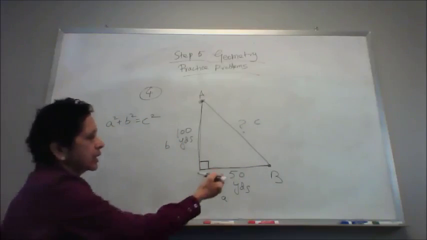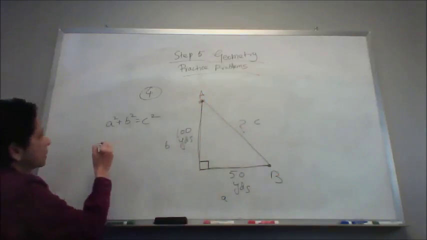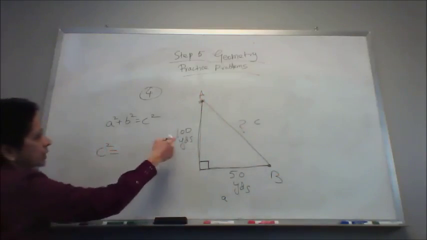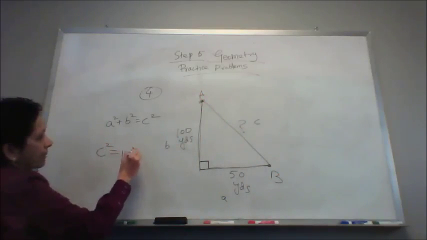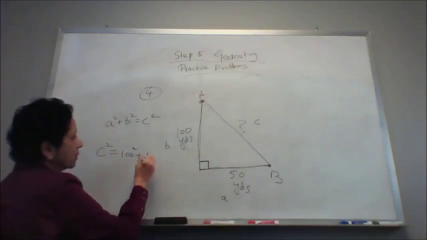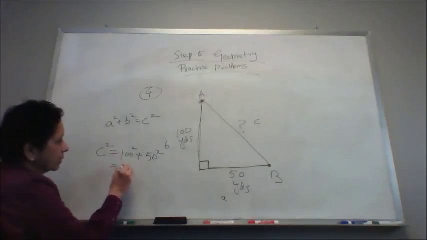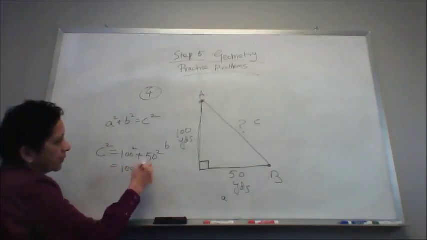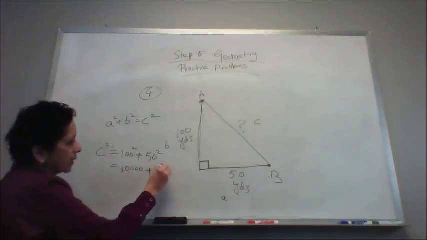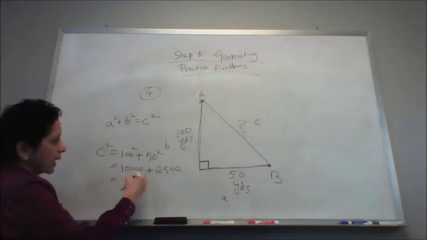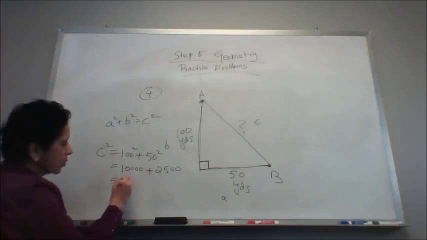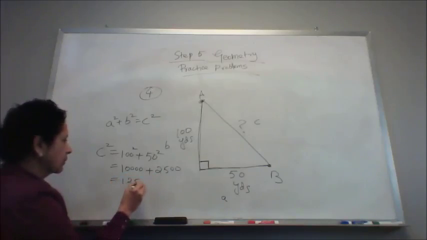The Pythagoras theorem says that the hypotenuse squared, c squared, equals this 100 squared plus this 50 squared, okay? You can do 100 squared in a calculator, and 50 squared in the calculator, and then add the two up, which is 12,500.